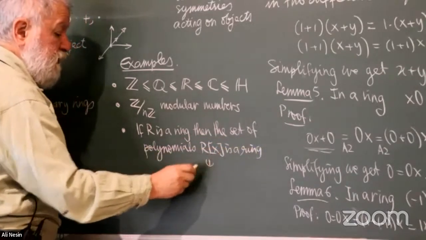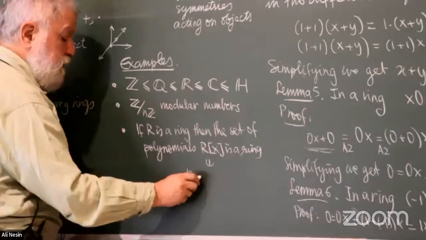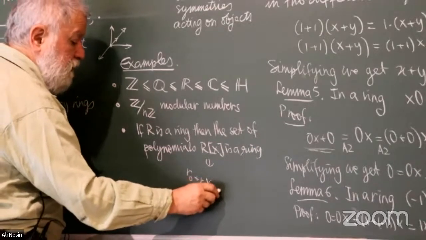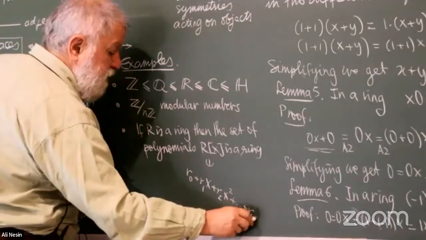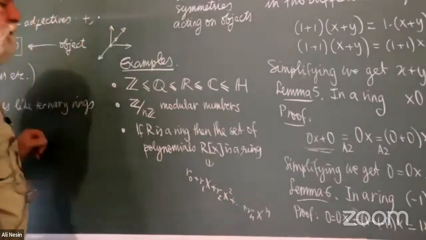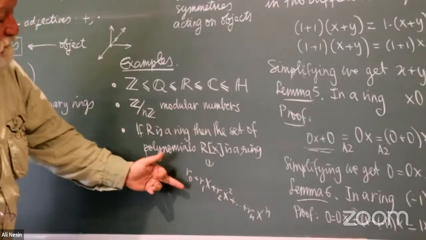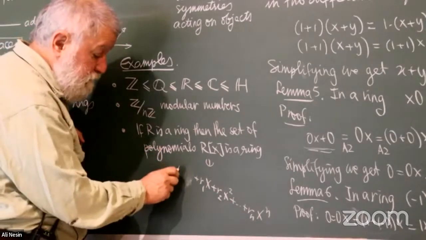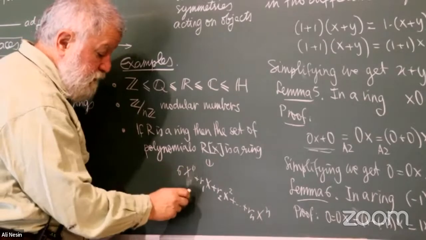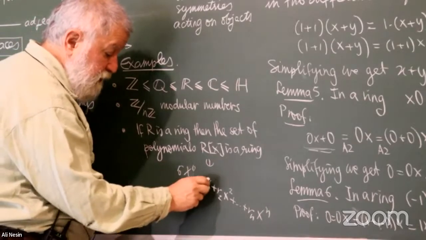What are the elements of this? They are of the form R0 plus R1x plus R2x squared plus ... plus Rn x to the n. Objects like this are the polynomials. Here, this is R0 times x to the 0, and this is R1 times x to the 1.